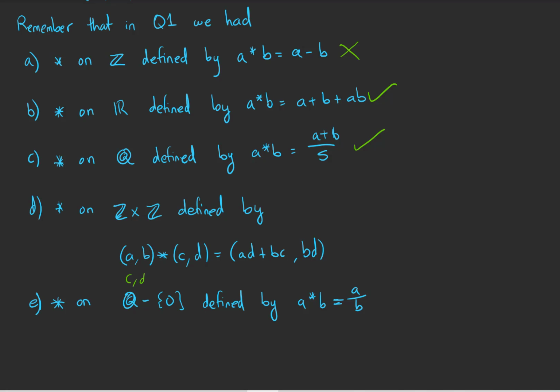So CD, AB, what does that give us? CB plus DA, comma, DB.